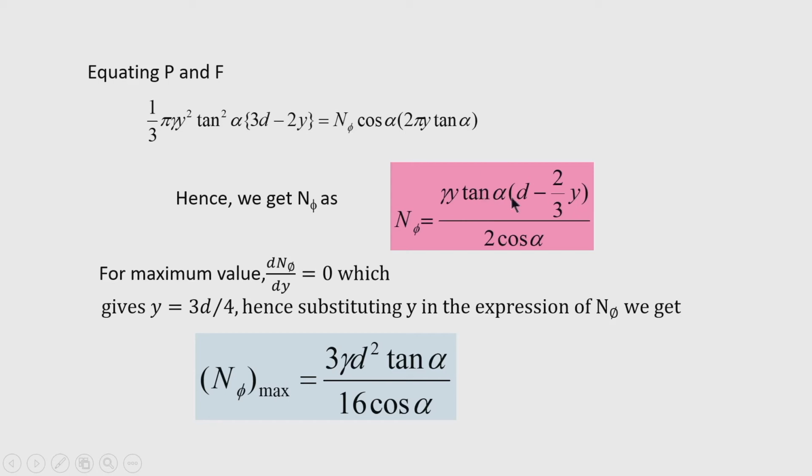So, after differentiation and equating to 0, you will get y equal to 3d by 4, where we get the maximum value of n phi. Substituting y as 3d by 4 back in this expression, we now get n phi max is 3 gamma d square tan alpha divided by 16 cos alpha.